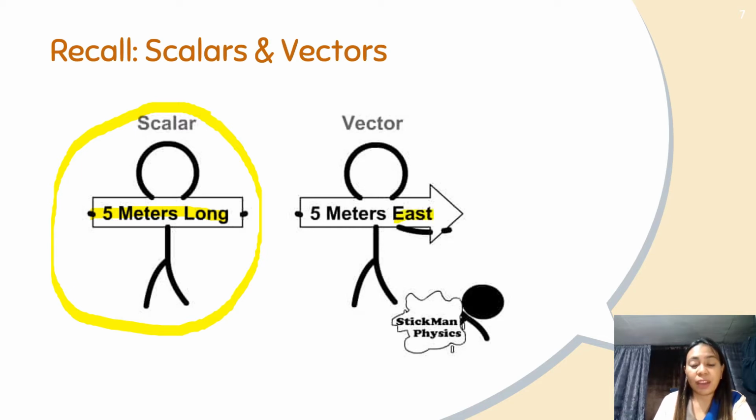So you say 5 meters east, or 5 meters going north. How far has the car traveled, for example? You'll say it traveled 5 kilometers on the way to Dipolog. So going to Dipolog is already a direction.